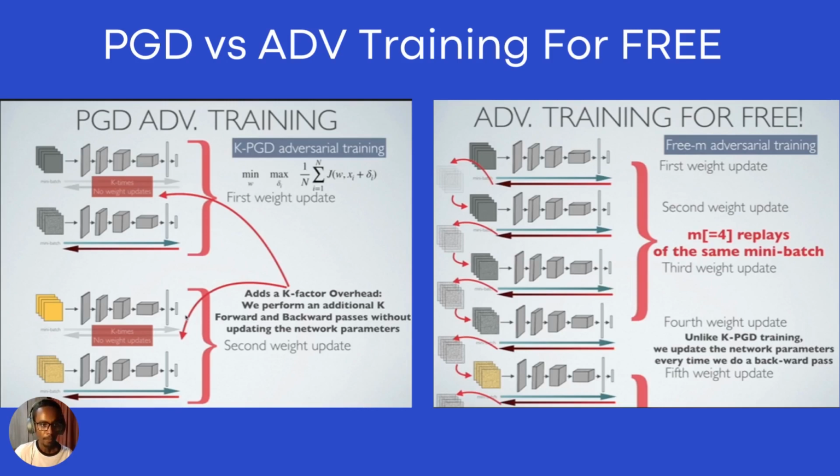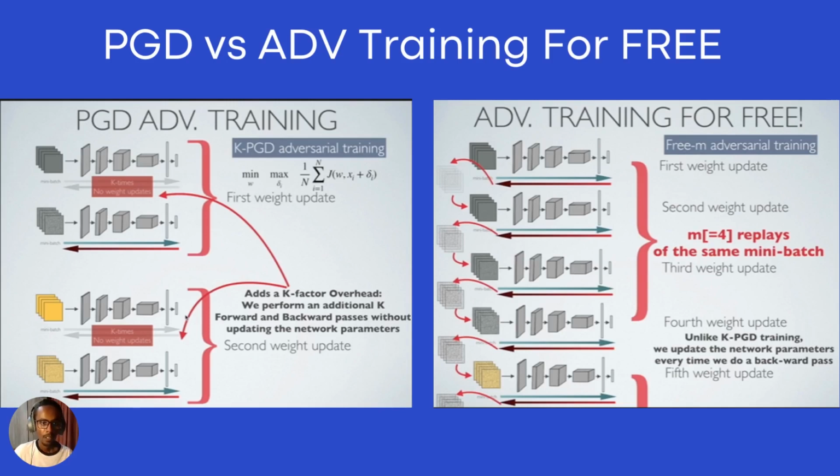Finally, we combine the updated perturbations with the original mini batch and train the network one more time. In this case, we will be updating the weights.